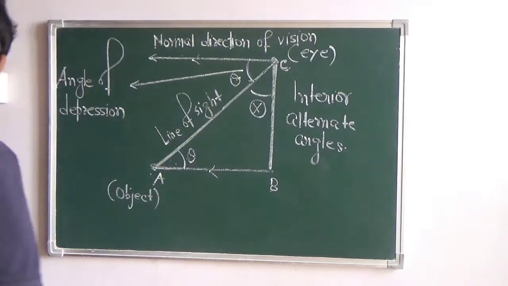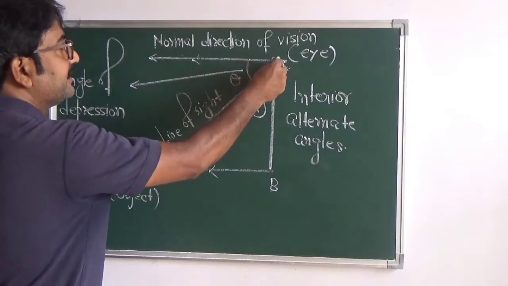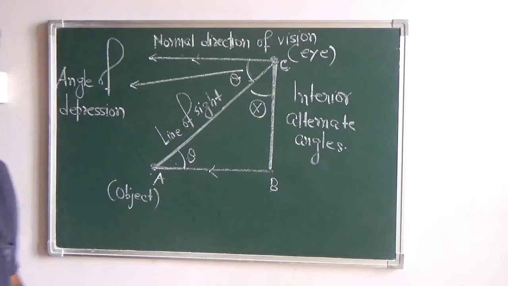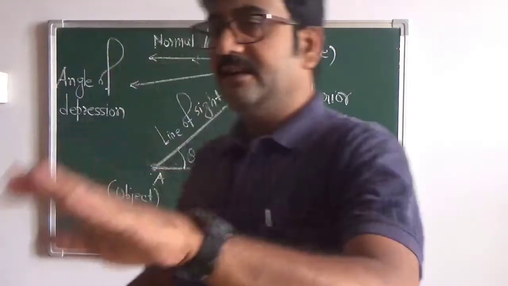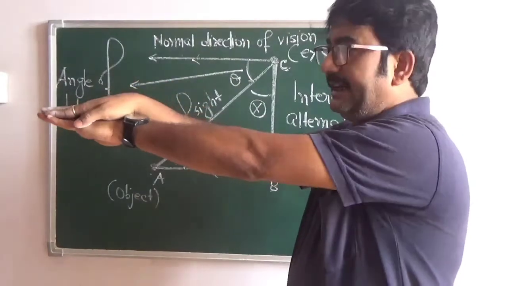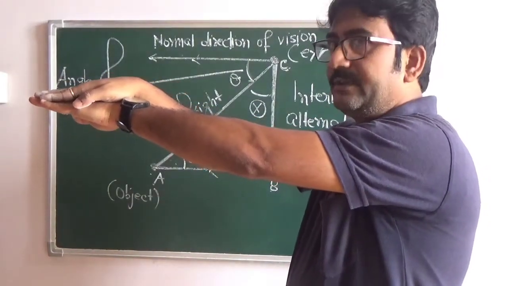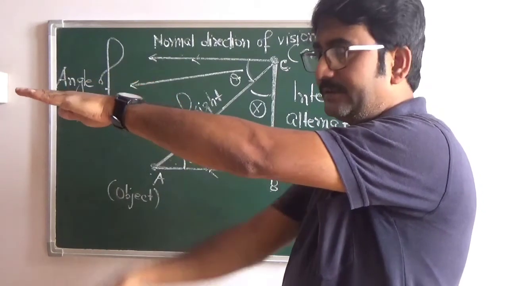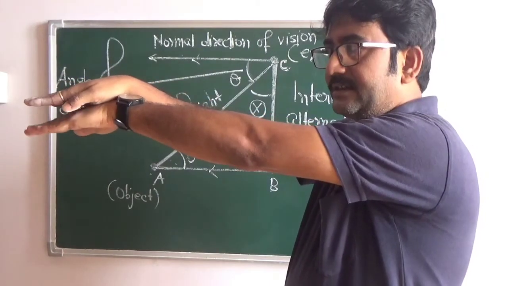Okay, so now, as I told you, this is the normal, your position is here, and this is the object. Now you can visualize it in this way. Suppose this is the normal direction of vision, but the point where you have to look is below the horizontal. So if this is the head and eyes, we can just shift it like this.